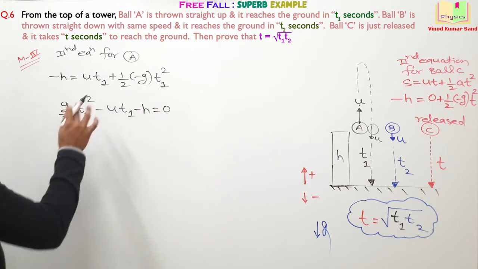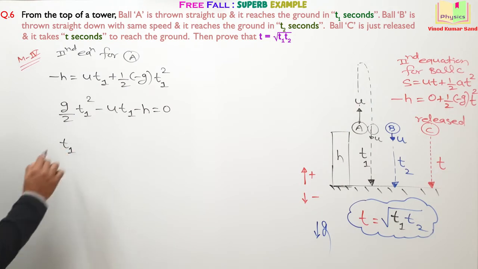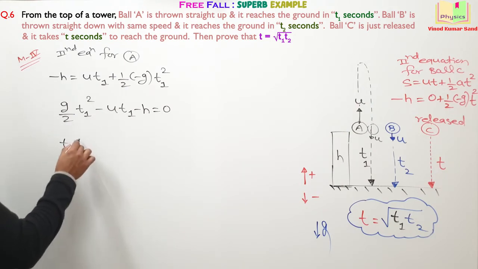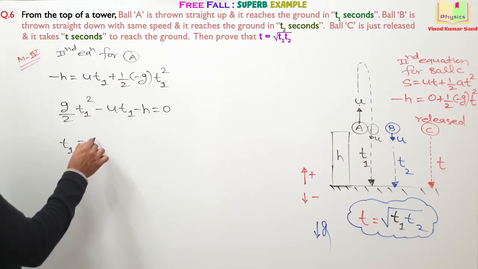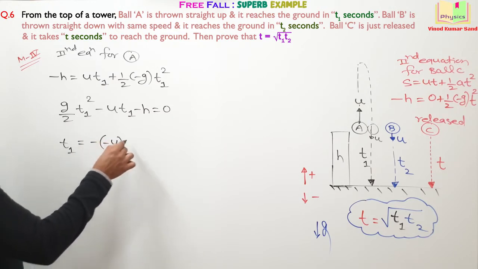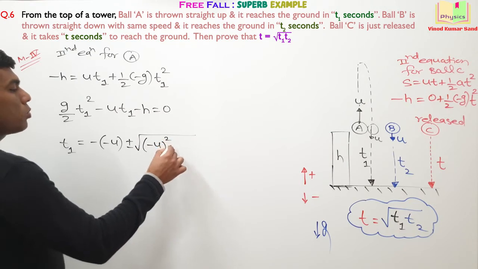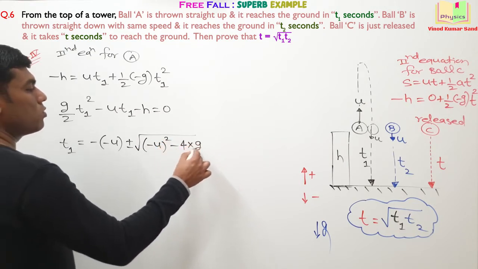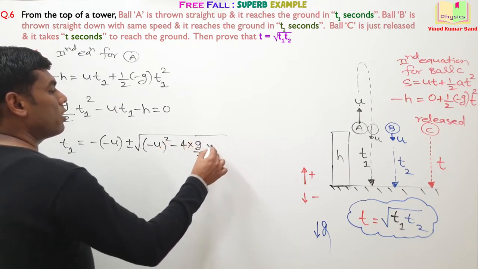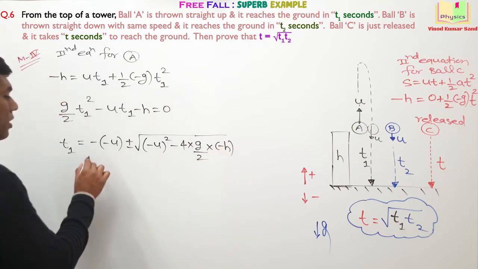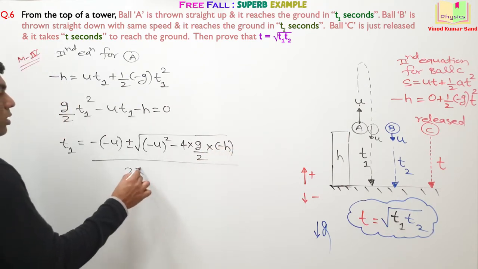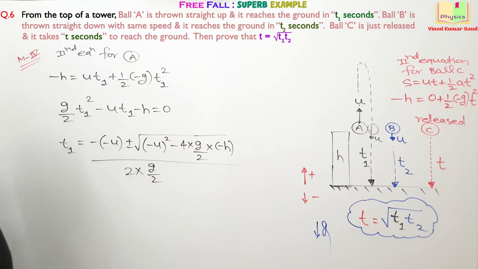Okay. Let us simplify this quadratic equation for its roots. So t1 will be equal to minus of minus u plus minus root of minus u whole square minus 4 into g by 2 into minus h, divided by 2 into g by 2.